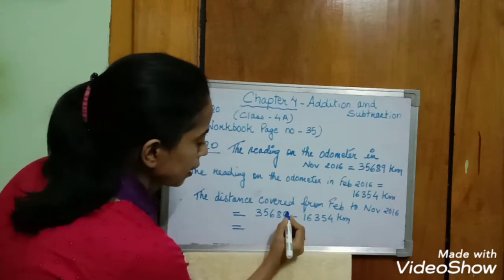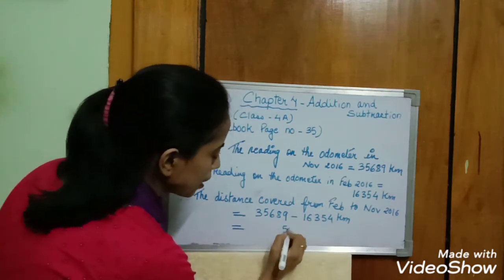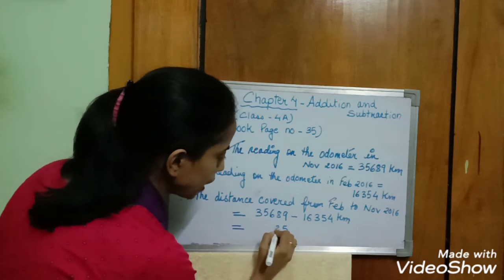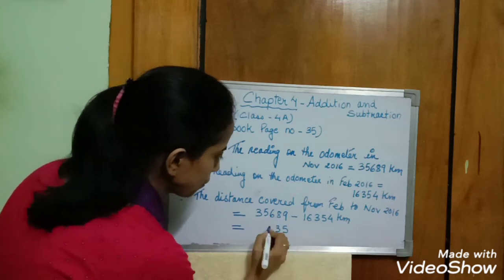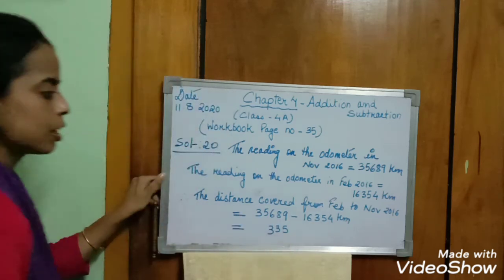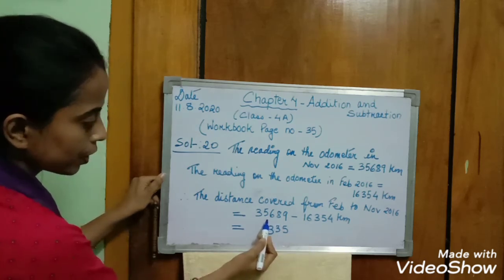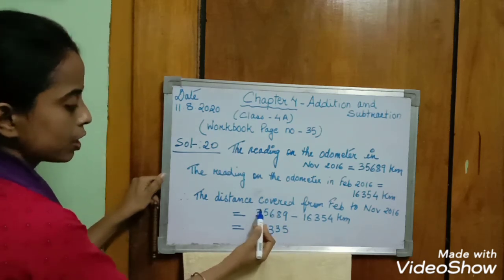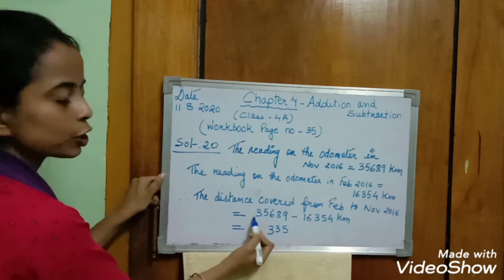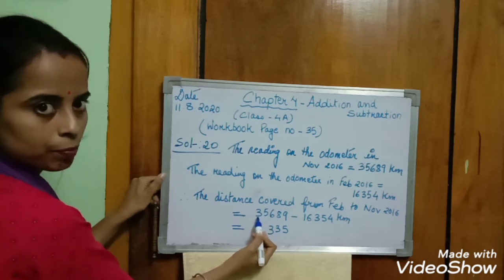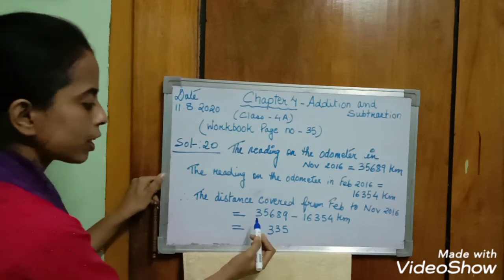Do the subtraction. How much you will get? 9 minus 4, 5. 8 minus 5, 3. 6 minus 3, 3. Now, can we subtract 6 from 5? So, we need to borrow. 15, we need to borrow it from which place? 10,000's place. Right, we have to regroup from 10,000's place.